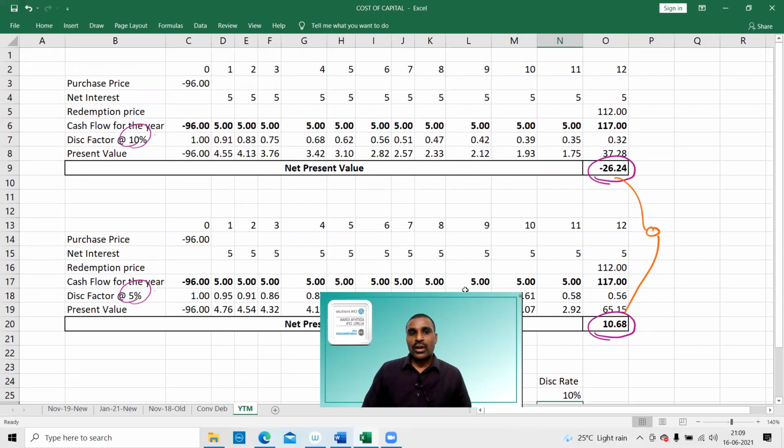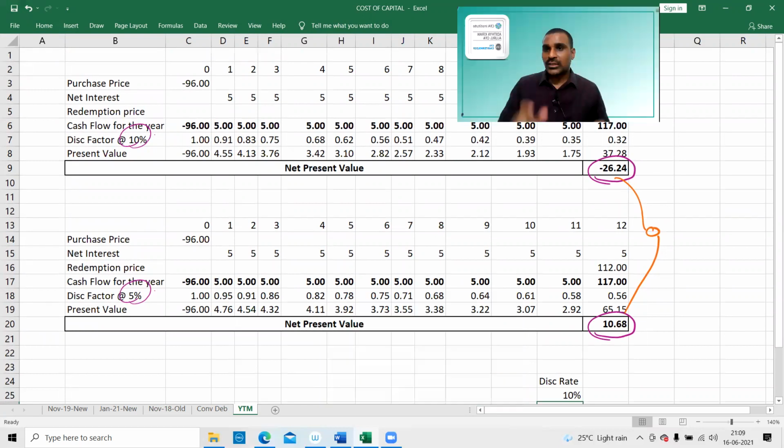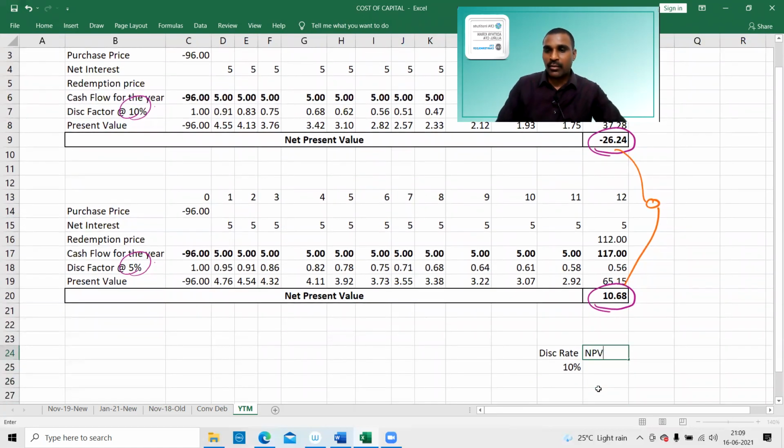Nothing else changes; only the discount factor, the guess rate. We have to use conceptual knowledge to decide the starting guess rate: start with the coupon rate of 10%, then reduce by 5%. At the discount rate of 10%, what is the NPV? 26.24.